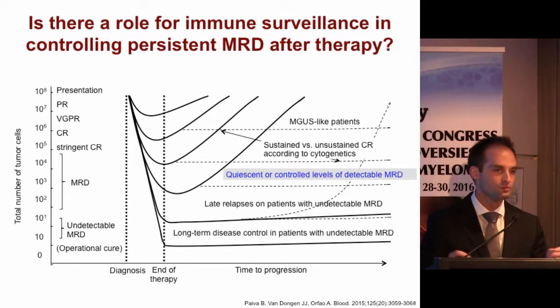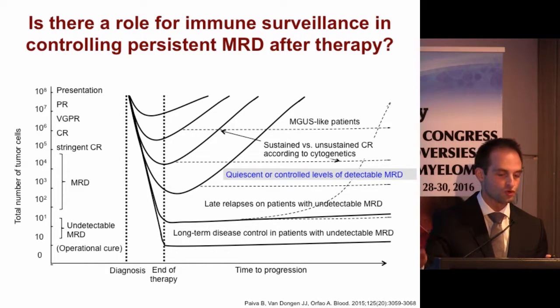In fact, we believe this should be a focus of more research in the future to understand if there is a role for immune surveillance in controlling persistent MRD after therapy.